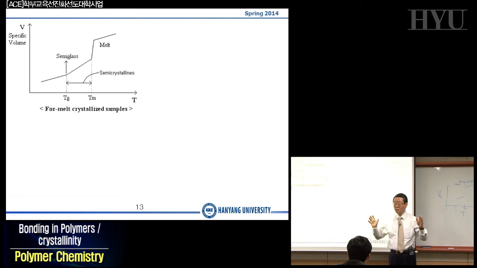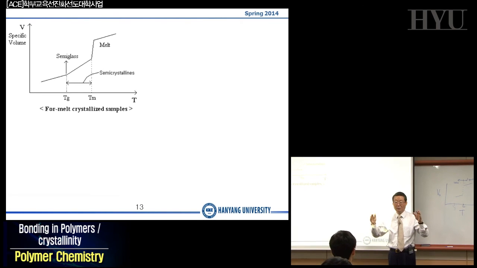But as you increase the temperature, I move my finger, so I need some unoccupied volume, which is the free volume. So my specific volume increases as the temperature increases, right?